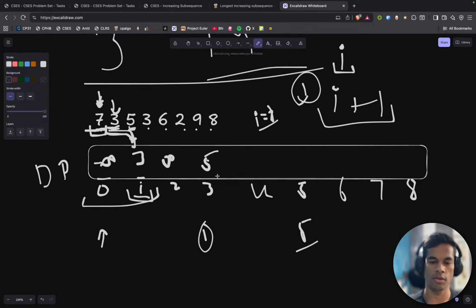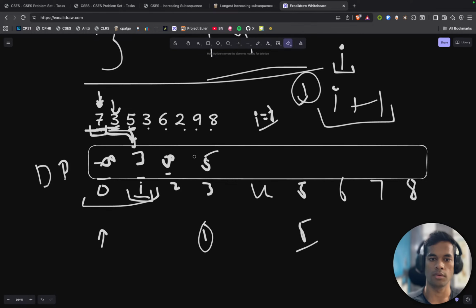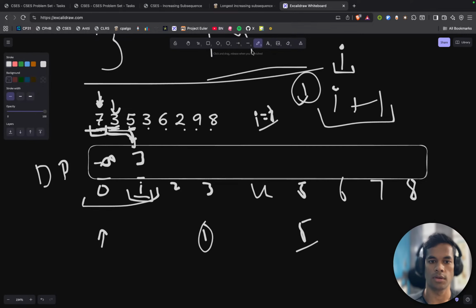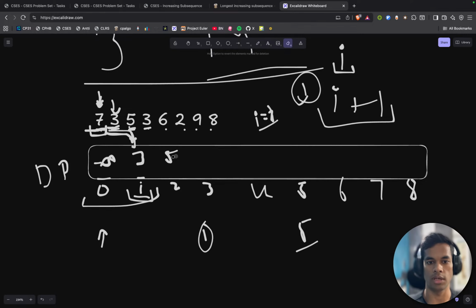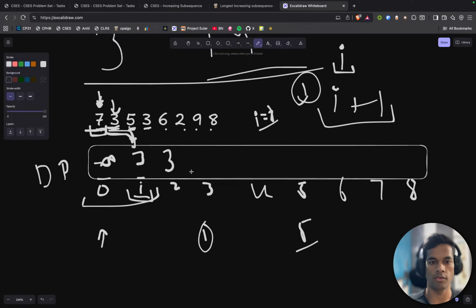So I change this to 5, and yeah. Wait, no. This thing will become 5. And when I'm at 3, I look for this, and the value here will become 3.